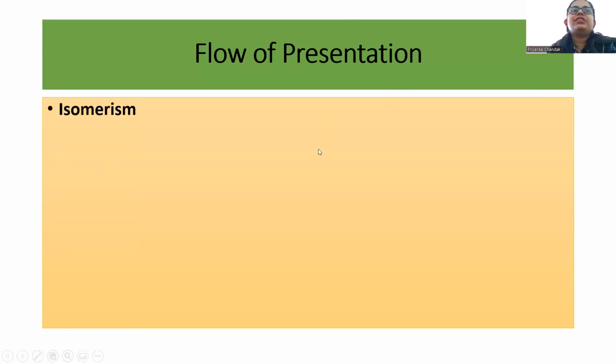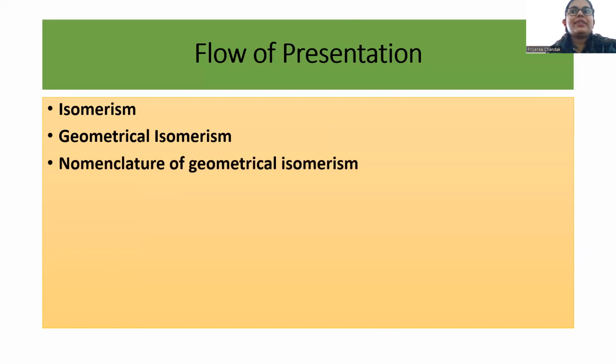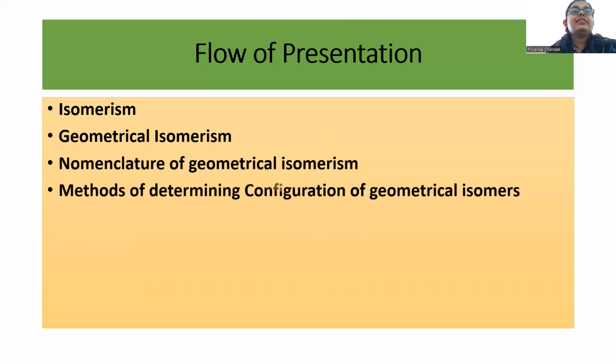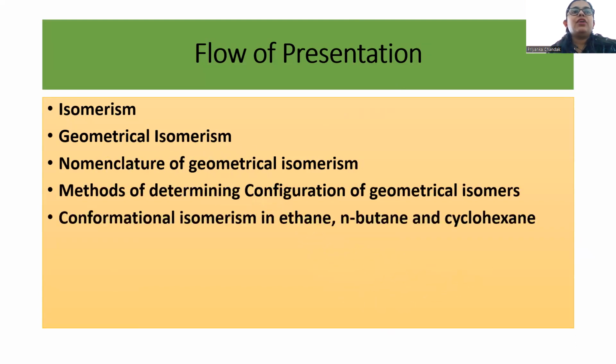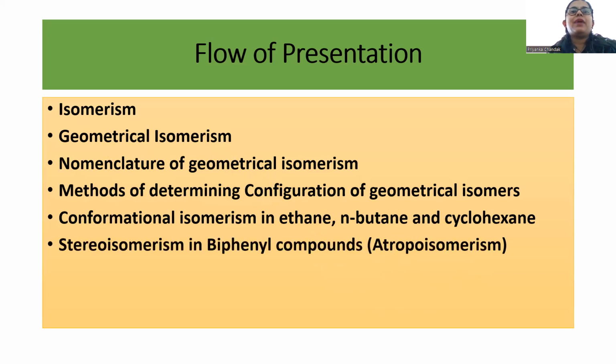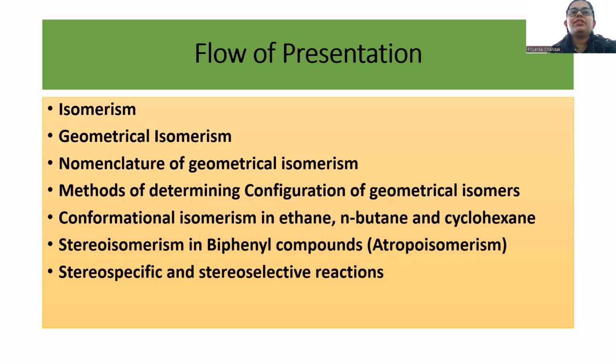So first isomerism, followed by geometrical isomerism, then nomenclature of geometrical isomerism, then the method of determining configuration of geometrical isomers, then conformational isomerism in ethane, n-butane, cyclohexane, followed by stereoisomerism in biphenyl compounds, also known as atropisomerism, and the last one is stereospecific and stereoselective reaction. So this is the second topic of POC, that is pharmaceutical organic chemistry third.